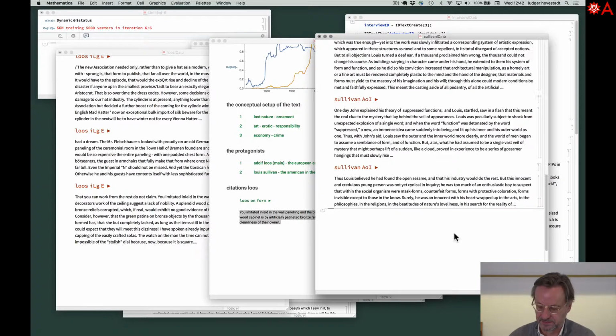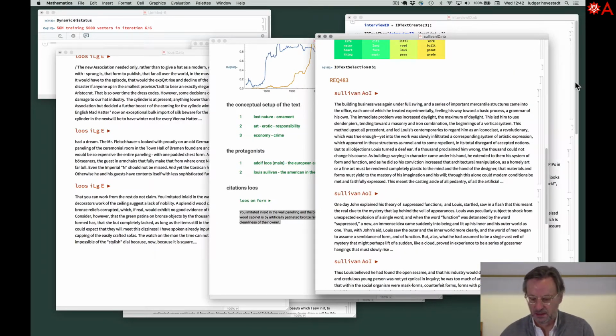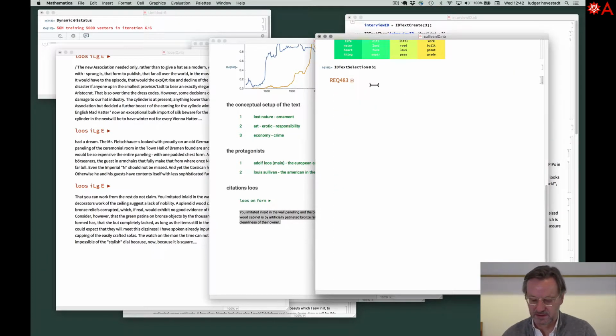Now you can ask Sullivan. We have to do it like this. These are the questions, this is on forms. Because you have to get the same hierarchy, you simply say first continue.